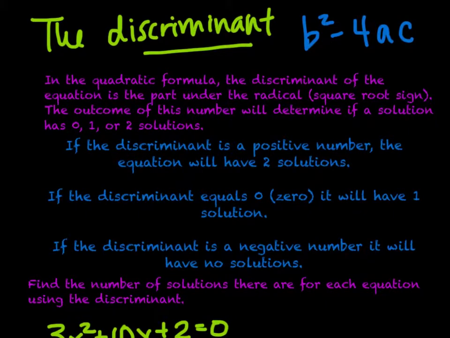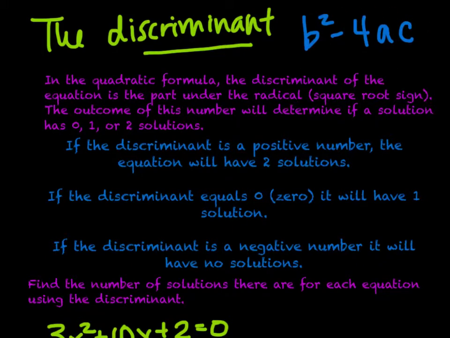This is probably the coolest part of the quadratic equation. The discriminant is the section of the quadratic formula, negative b plus or minus the square root of b squared minus 4ac, all divided by 2a. This is the part that's under the square root symbol.